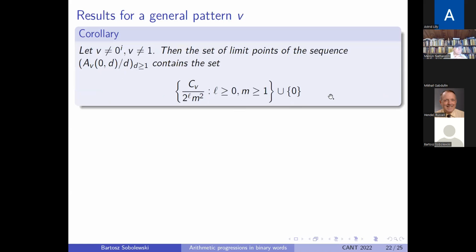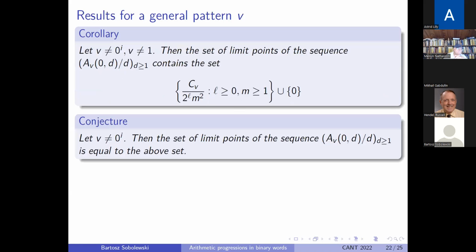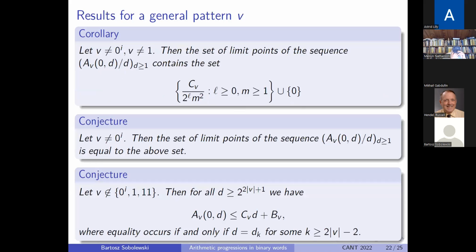And in fact, I believe that this is the whole set, again, based on some numerical calculations. And also, I believe that one can find a sharp bound on the numbers AV of 0, d, where we have the same constants CV and BV, and the bound is linear. And again, this relies on the calculations.